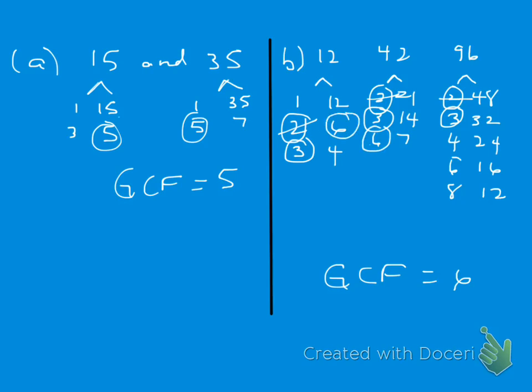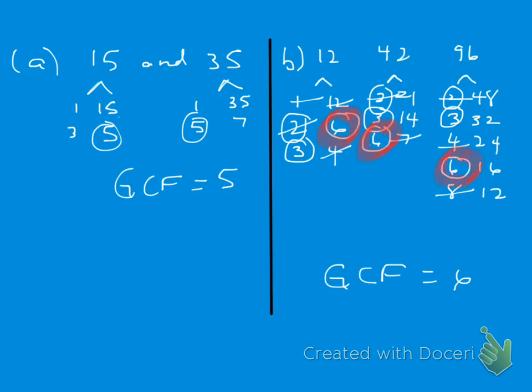They all have a 6. 4. They do not all have a 4, right? Because 42 doesn't have a 4. So 4s are out. There's no 5s. We got 6. There's only one 7 on there, so that's out. There's one 8. That's out. No 9, no 10, and so on and so forth, right? So we can clearly see the one that's the highest is 6.